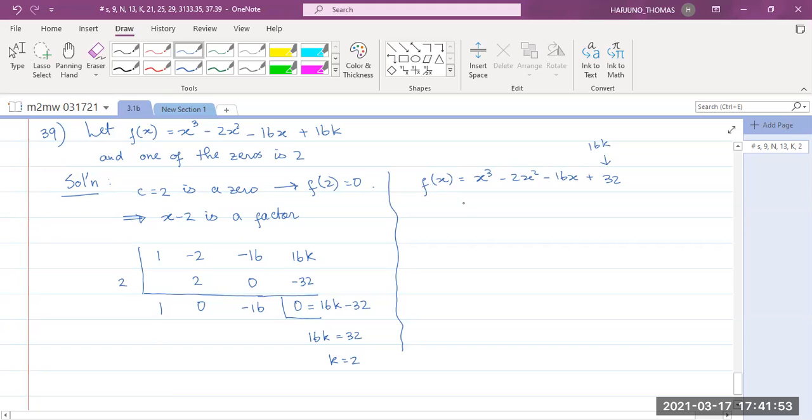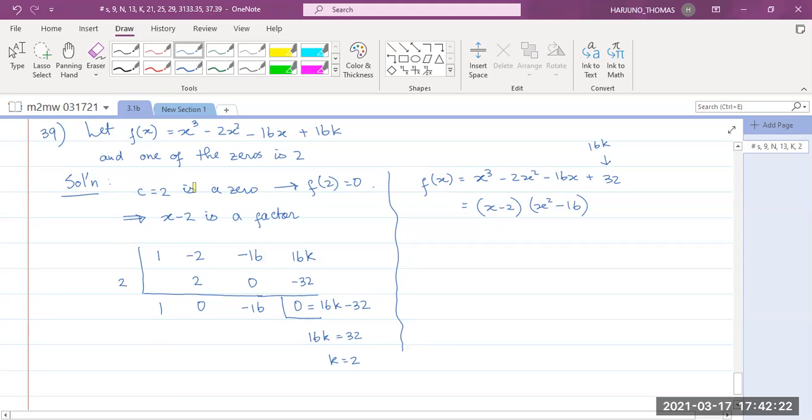And from that synthetic division, remember that 2 is a zero. That's how we get the k, right? And that's how we get the constant for this polynomial. We also know that x minus 2 is a factor. Therefore, if you divide by x minus 2, we get x squared plus 0x minus 16 as the other factor.